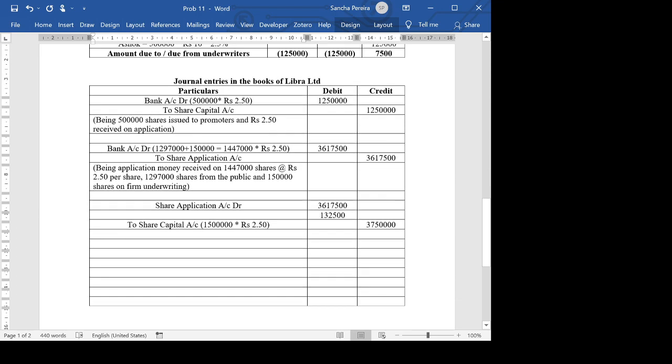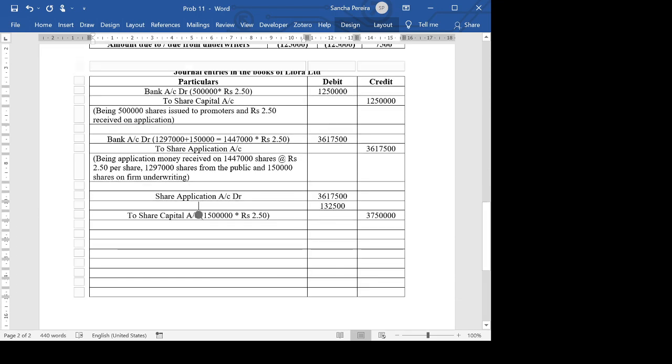So Ashok's account debit. In this problem, it's just one underwriter who has to take up the balance. Ashok's account debit. So this is the application money received from the public and on account of firm underwriting. The balance that nobody has taken up, those 53,000 shares into 2.50, Ashok is going to take up, and the entire public issue has been subtracted.